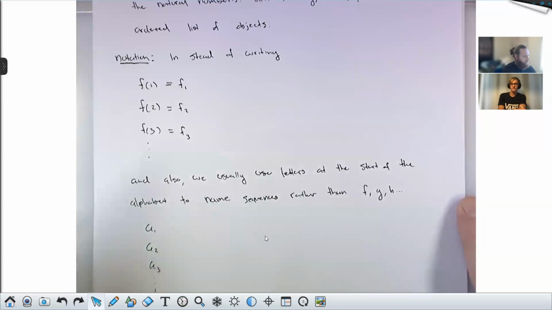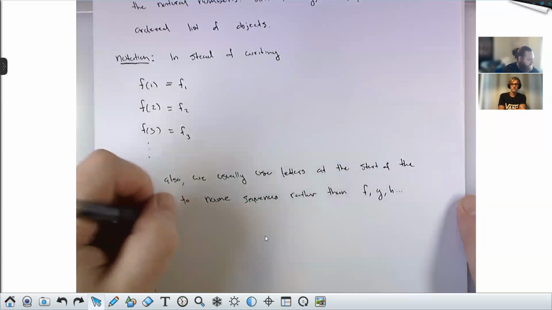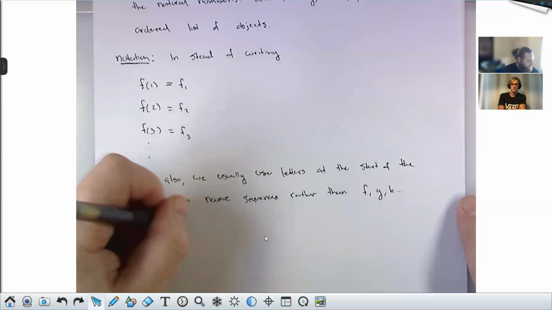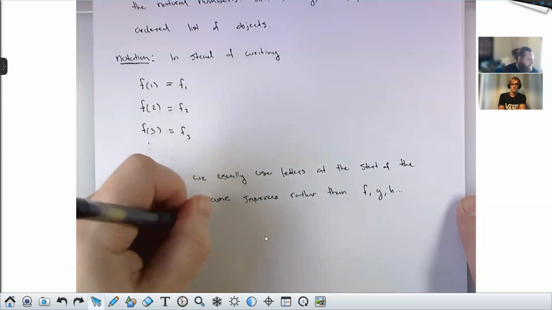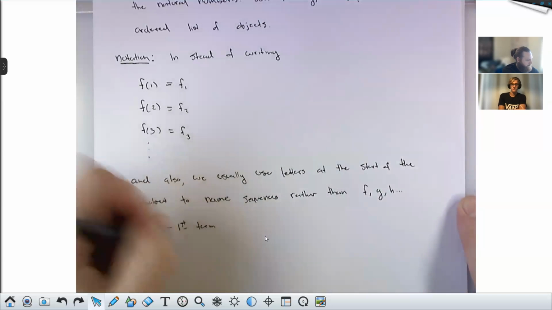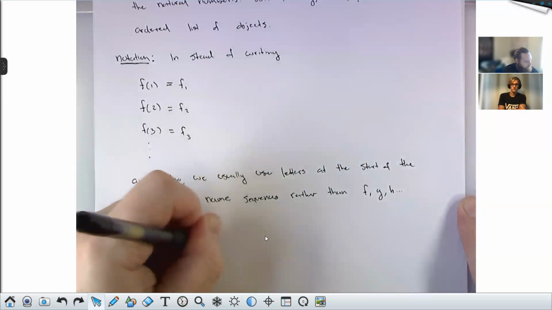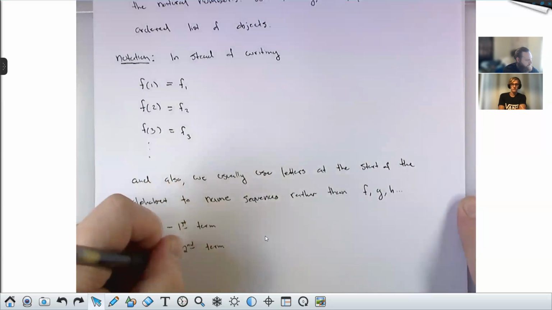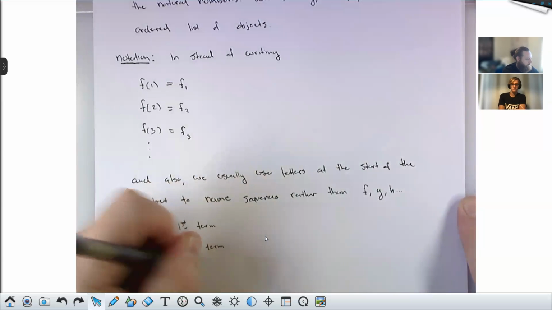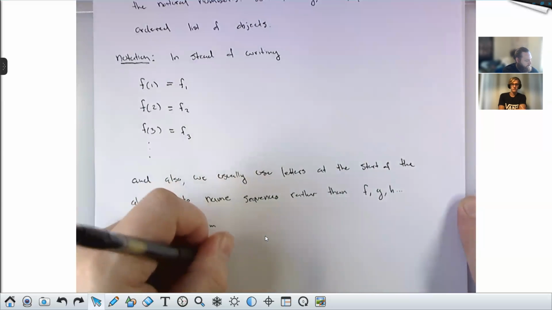If I wanted to refer to the whole of the sequence rather than just one term, let me add some language. This guy here would be called the first term. We call this guy the second term. We call this guy the third term.